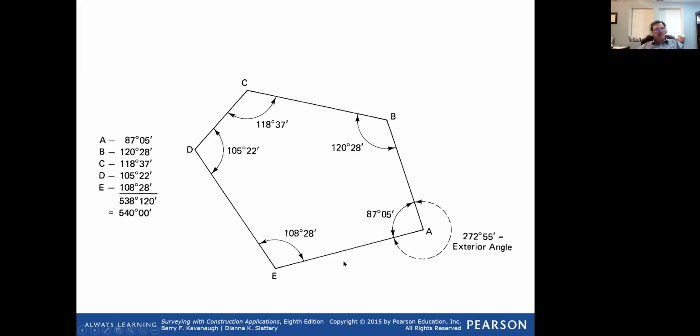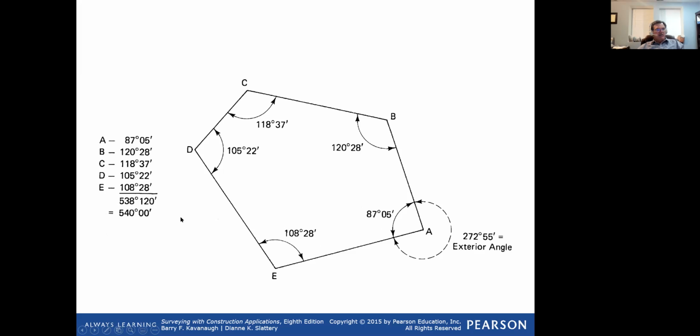If you're turning interior angles, it's n minus 2. So the total number of angles minus 2, times 180. In this case, that's 5 minus 2, which leaves us with 3, times 180, which is 540 degrees. If you were to do this here, it shows you that there's a problem.